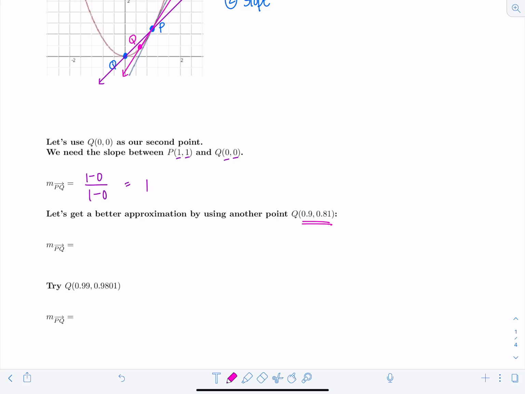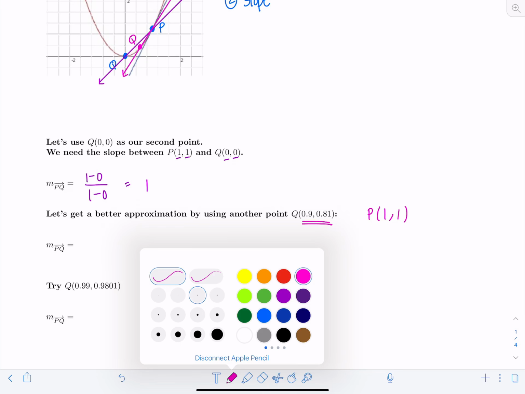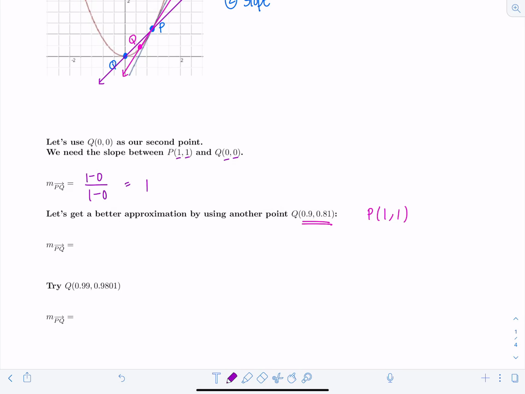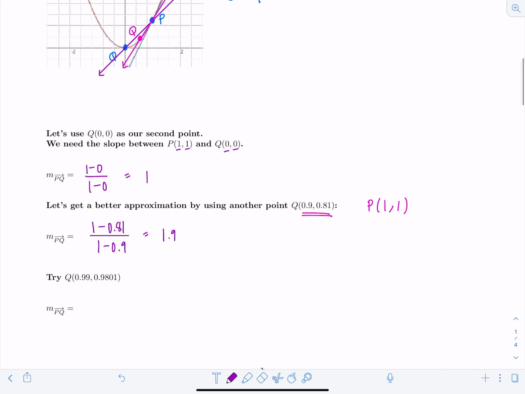Remember, it has to be on the parabola. So the other point P that we're using has coordinates (1, 1). Let's figure out the slope through PQ. So I'm going to have (1 minus 0.81) over (1 minus 0.9), and this gives us 1.9. Okay, good. Let's get even closer.